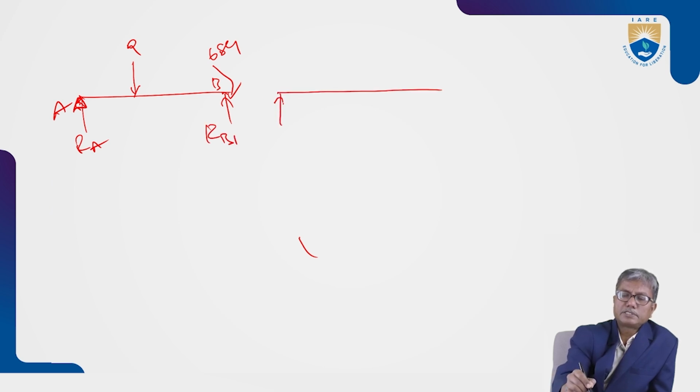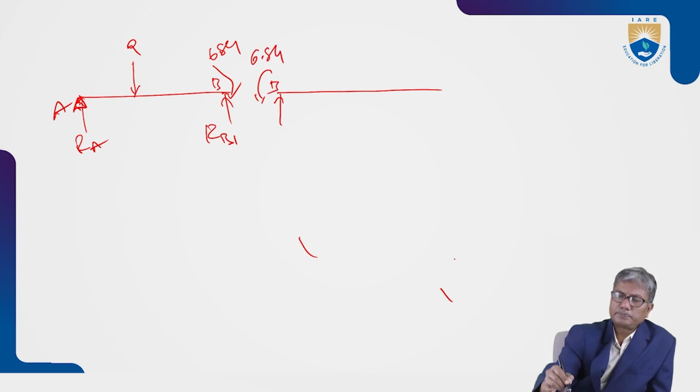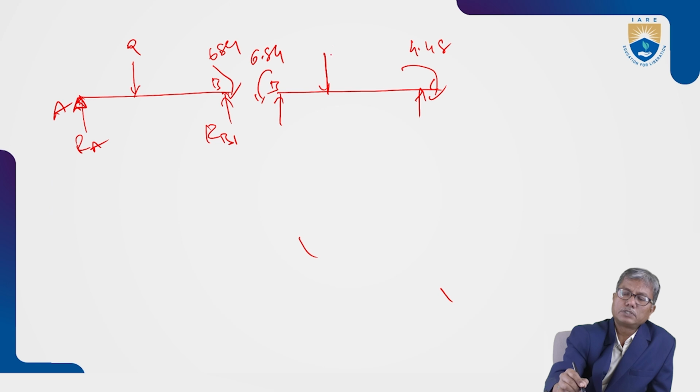Next, for span BC, this is 6.84, and at C we have the moment of 4.48, and the load at F is 8 kilonewtons.